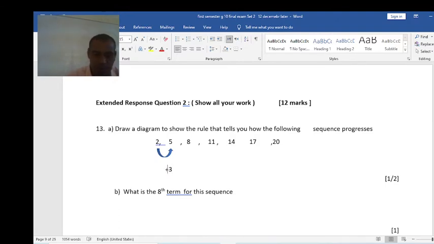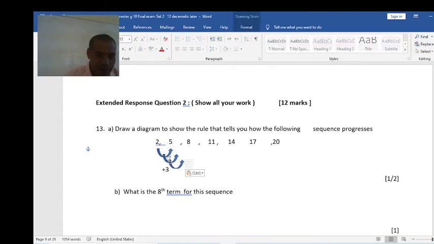Then, the same, you will draw arrows like that. So here plus 3, this is plus 3, this is also plus 3, this is also plus 3. This is the diagram that you should draw.